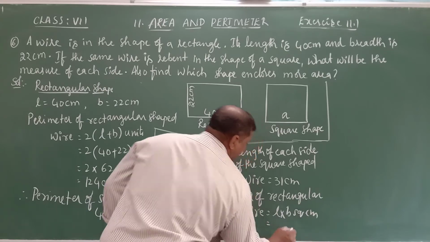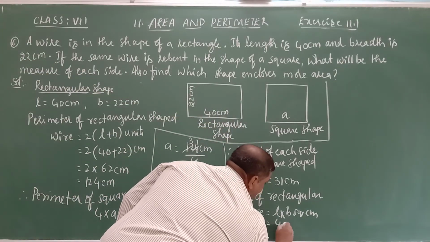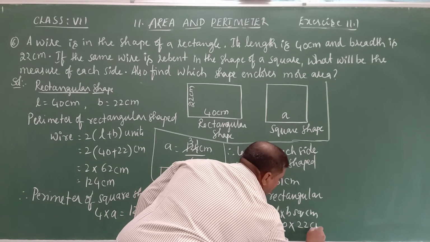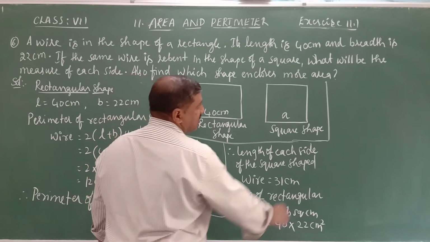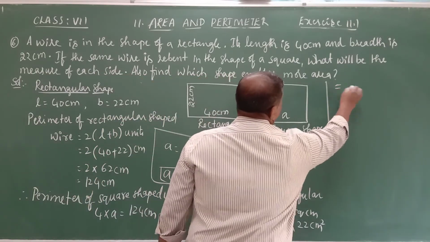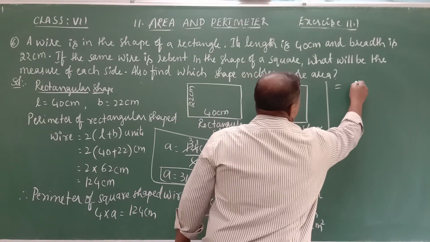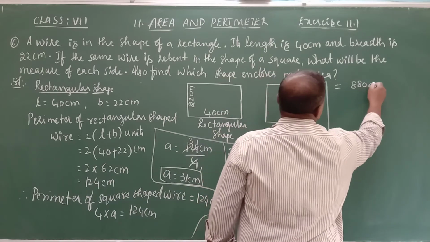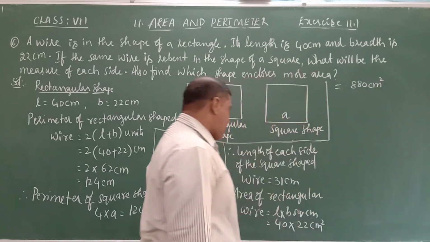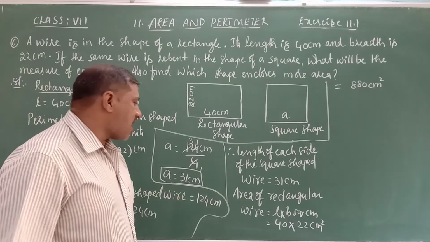The length is 40 centimeters and the breadth is 22 centimeters. Centimeter into centimeter is centimeter square. Now multiply: 4 twos are 8, 4 twos are 8, and keep 0. 880 centimeter square is the area of the rectangular wire.